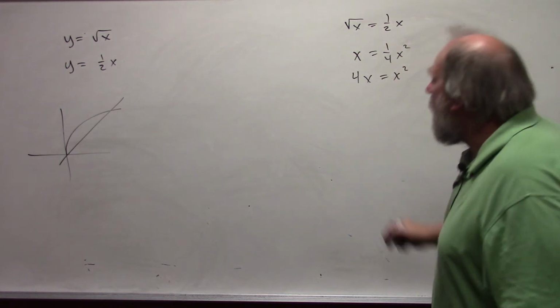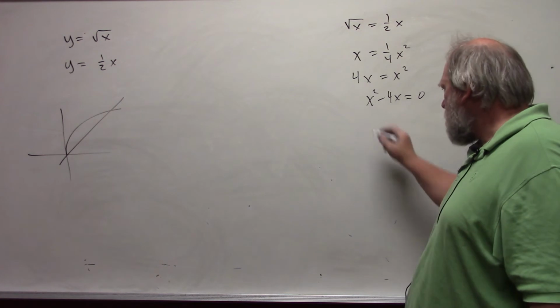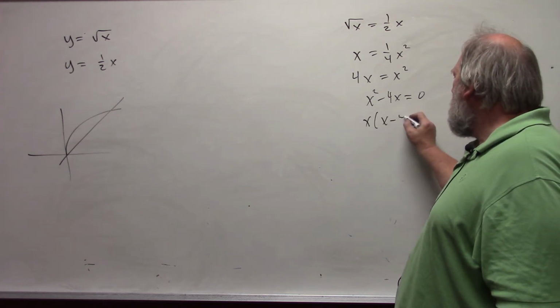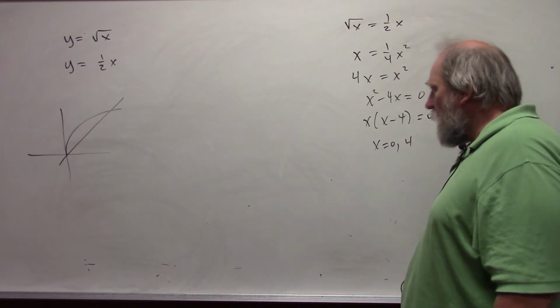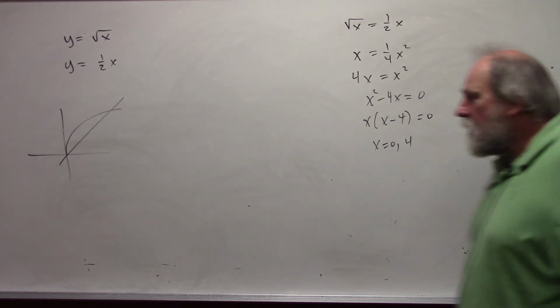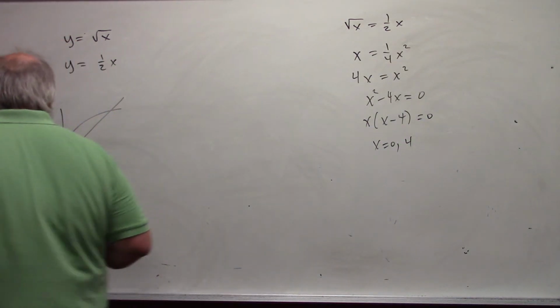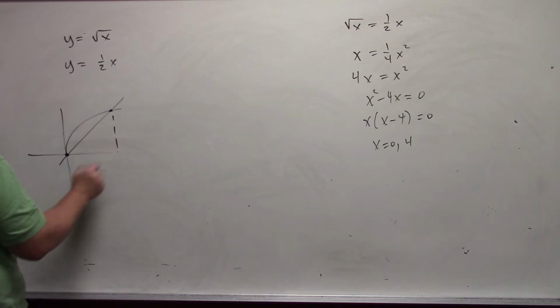That would be really bad. Instead, set equal to 0 and factor, and we get the two solutions, 0 and 4. So in this case, these two curves intersect at x equals 0, obviously, and at x equals 4.